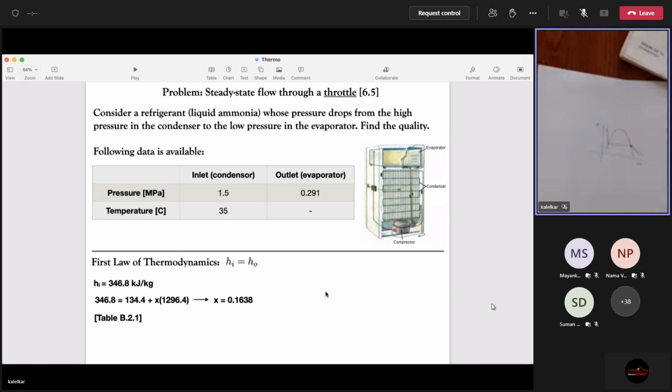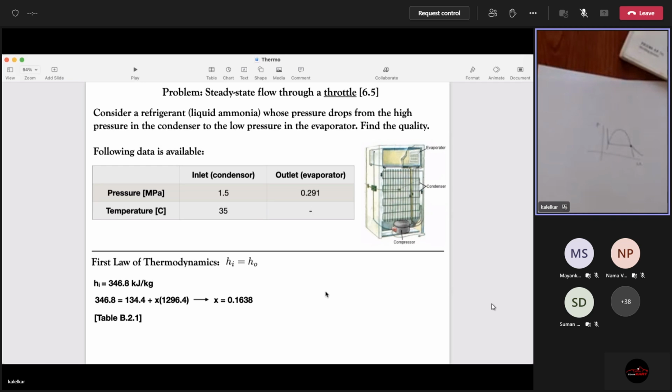The data in the problem is not quite correct, because your pressure is 1350.4 at 35, but what is given is 35 degrees Celsius and 1500 kilopascal. That means there is a mismatch in either the temperature or the pressure. I think the correct data should be somewhere between 35 and 40 degrees, which will give you a pressure of 1500 kilopascal.